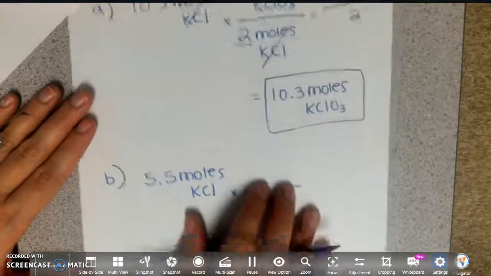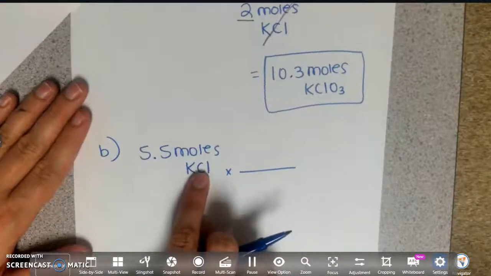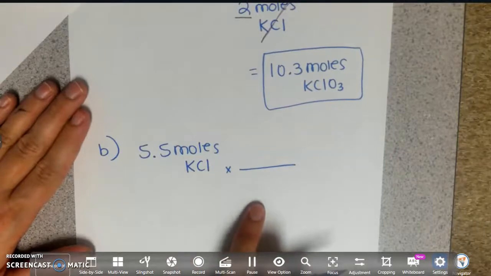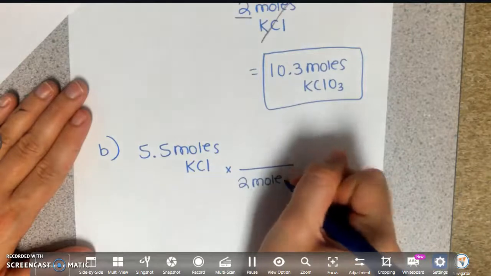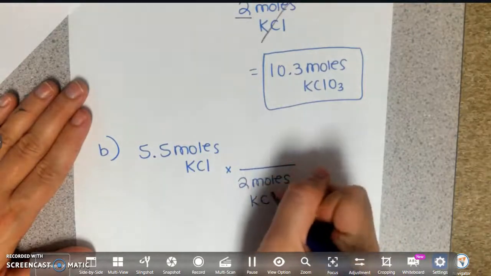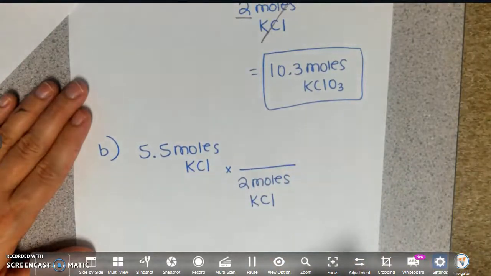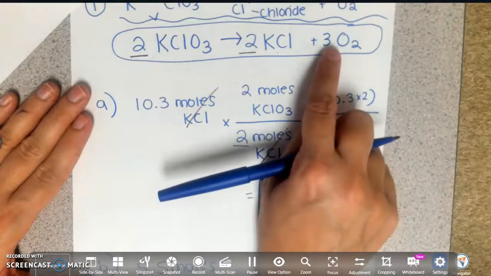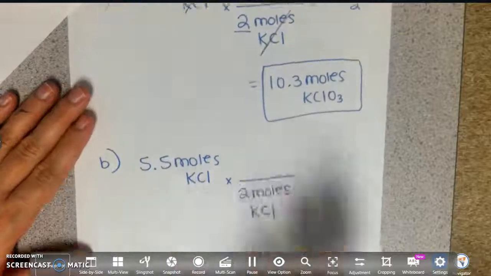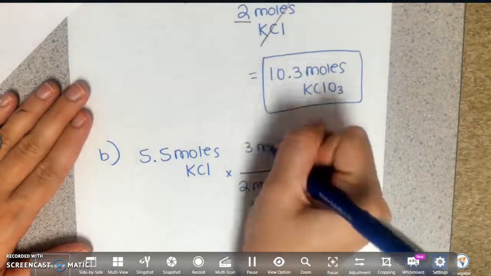And so I'm going to write, because this is moles of KCl here, down here needs to be moles of KCl. So 2 moles KCl. And I want to solve for moles of oxygen. So I go to my equation. The coefficient for oxygen is a 3, and that will go up top. 3 moles O2.